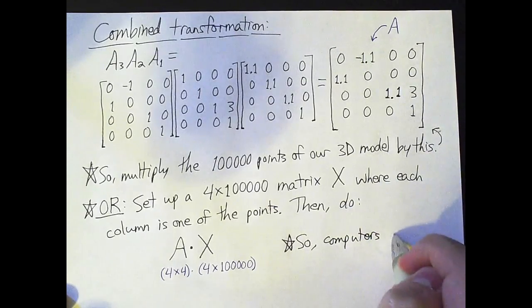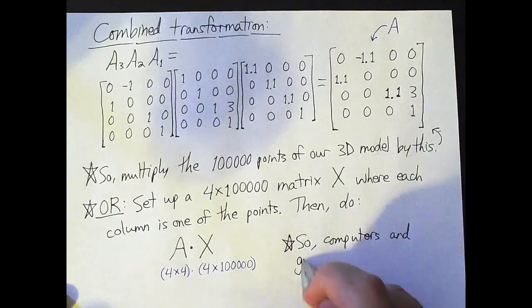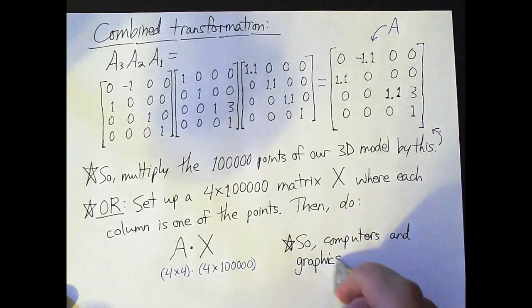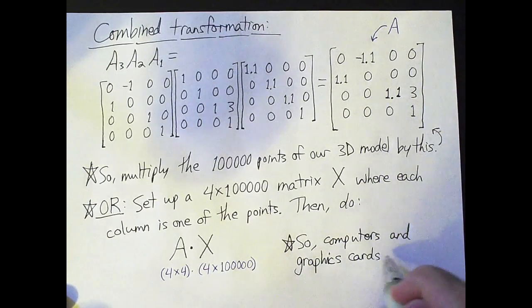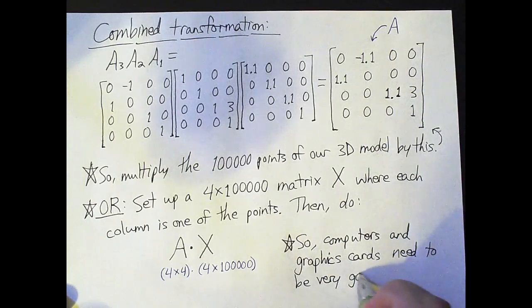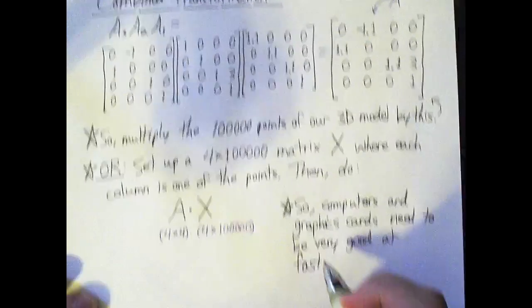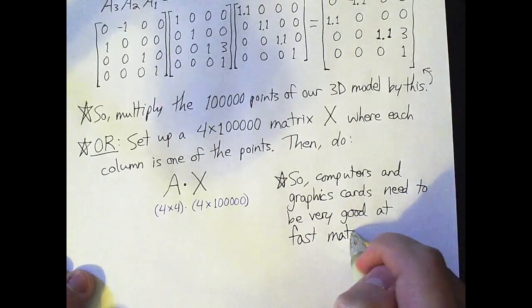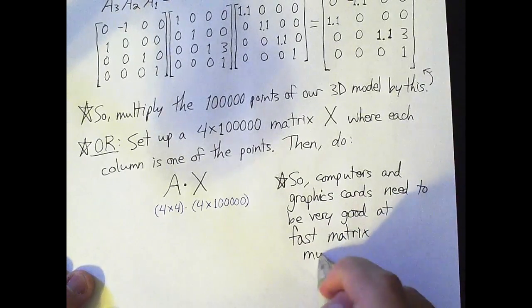So computers and graphics cards need to be very good at fast matrix multiplication.